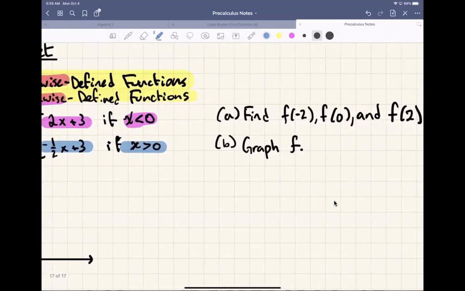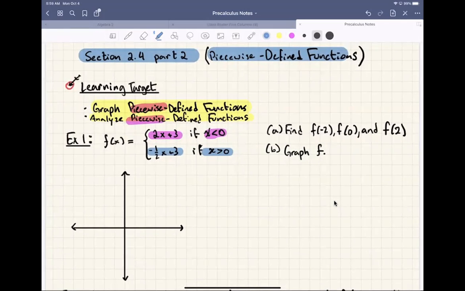So let's go ahead and answer the first question, which is to find the following values: f of -2, f of 0, and f of 2. We're going to start with f of -2. To find f of -2, you have to plug in -2 for x. But you have to wonder which piece it is, this one or this one?